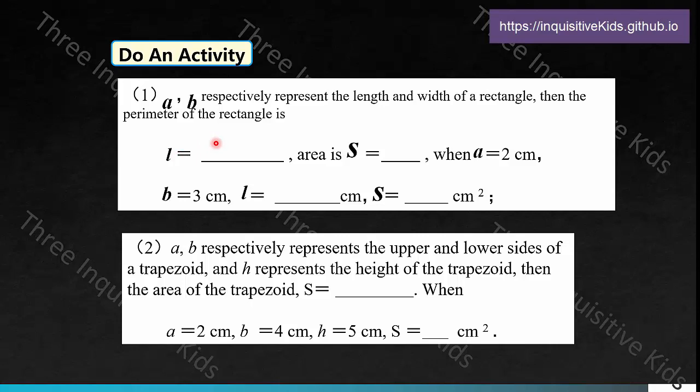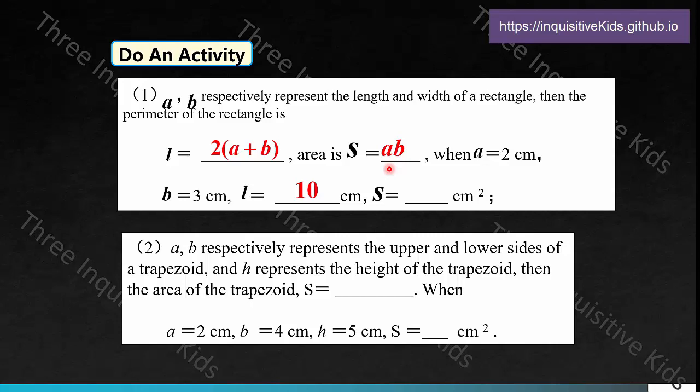Okay, you came back, right? So the perimeter would be 2 times the sum of a plus b, or 2a plus 2b. They're all the same thing. So then the area would be, and remember over here S is the area, S would be equal to ab. But then when a is equal to 2 and b is equal to 3, L would be equal to 10 centimeters.